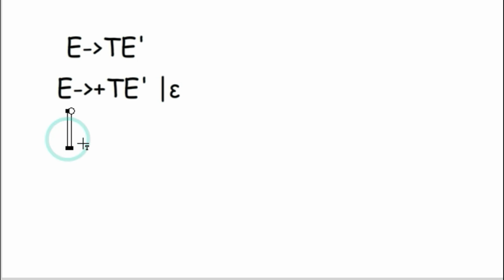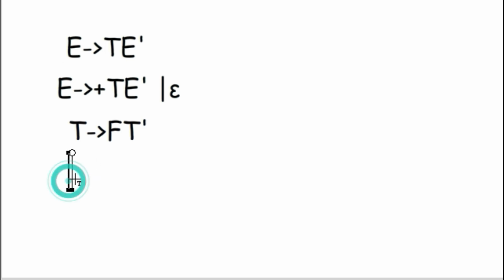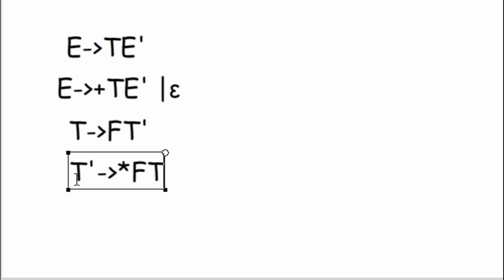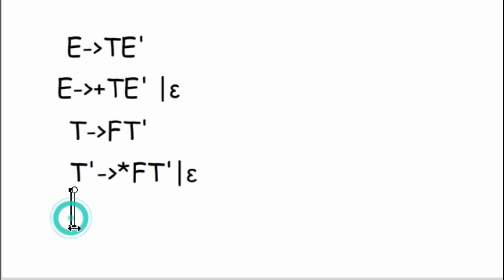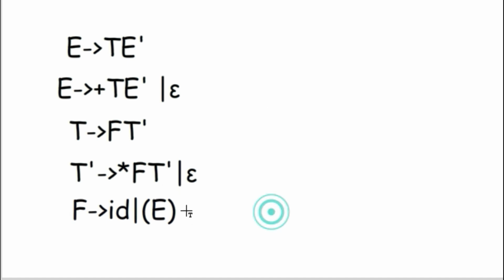Next one is T tends to F T dash. Next one is T dash tends to star F T dash or epsilon. The next one is F tends to ID or open bracket E close bracket. This is an epsilon and this is E. So these are separate terms. We don't have to confuse them with each other.